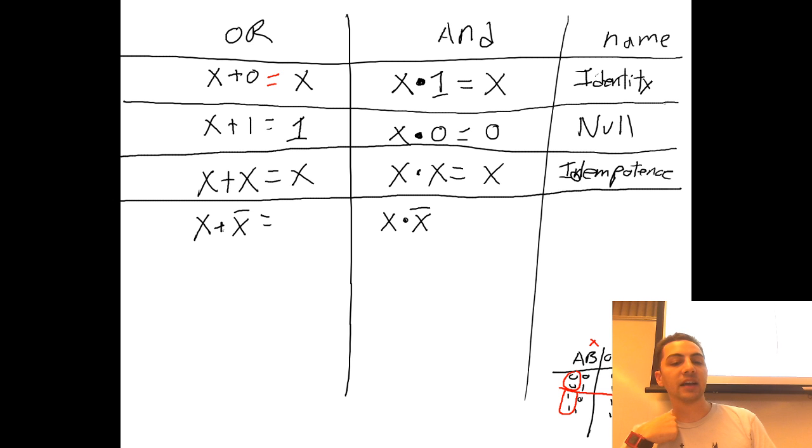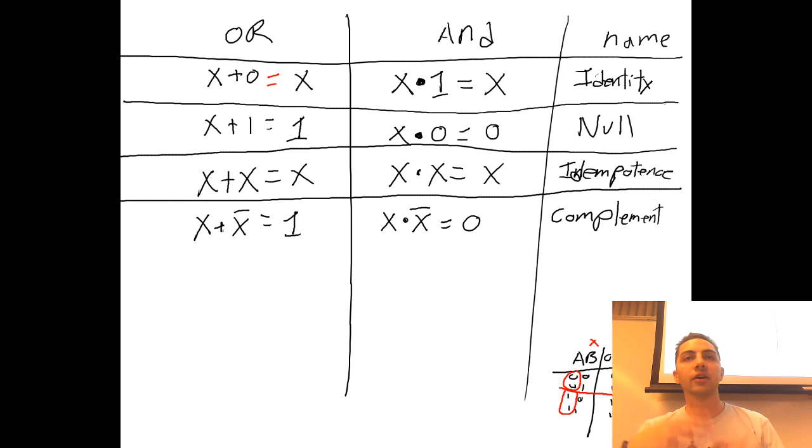And if x is a 1, you'll have 1 OR 0, which is also a 1. So if you're looking at something OR its opposite, it's always going to be true. Again, we have eliminated x from our equation. Now this, it's the opposite. If you're trying to see if you can get something and its opposite at the same time, you will never have that. As a result, that is 0. And that's the complement theorem, or complementarity.